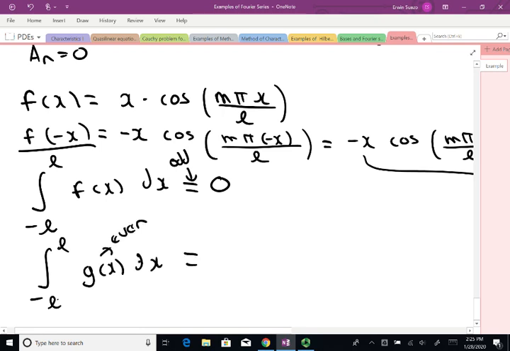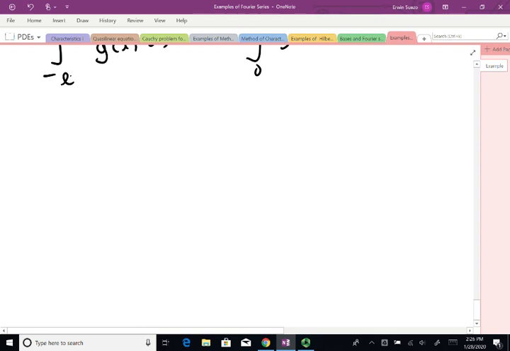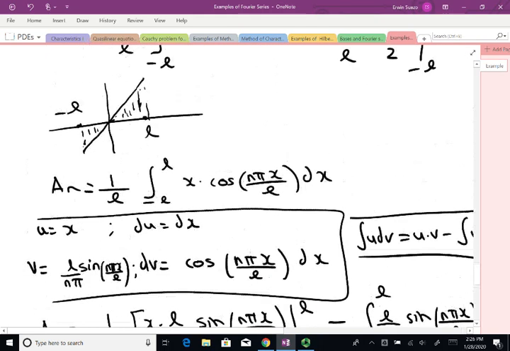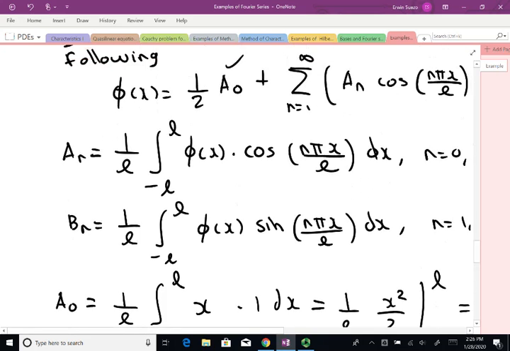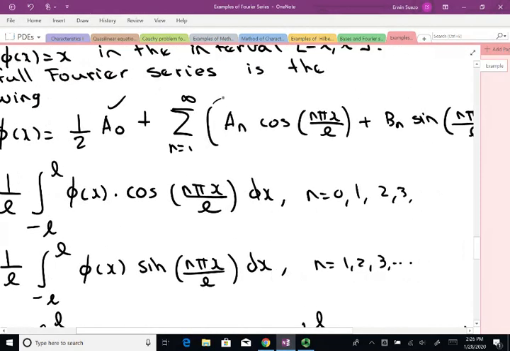So you can change this to 2 times the integral between 0 and L of g of x dx. Okay, so that might help you to save time, but anyway. So far, all these guys are 0.